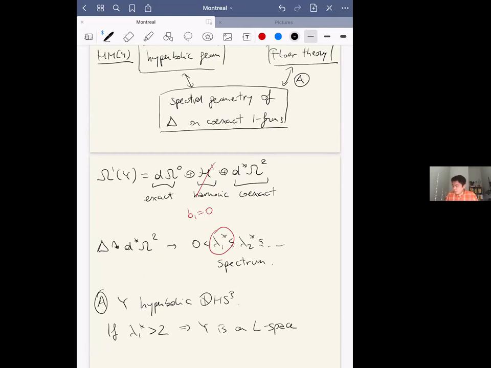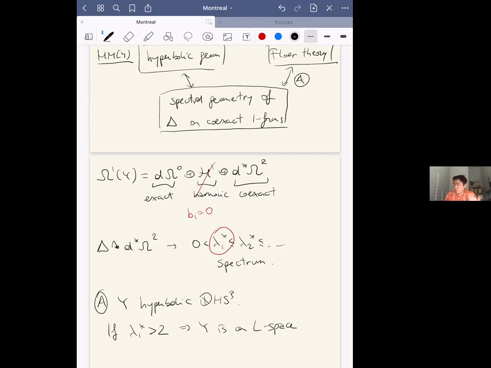And just to give an intuition of what this means, having a big first eigenvalue is some kind of measure of your space being small. If you have a very small drum, you have a very high pitch. But if you have a big drum, you have a very low pitch. So you can think of this as some kind of measure of smallness.